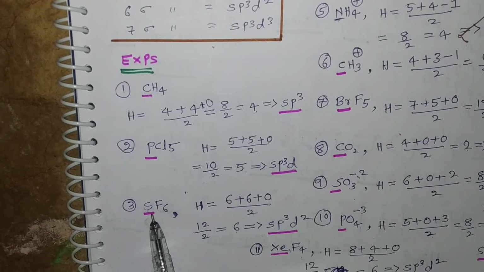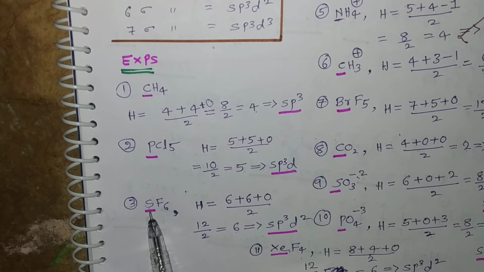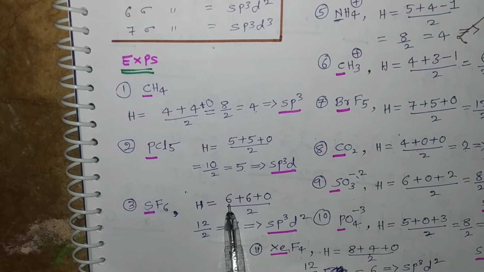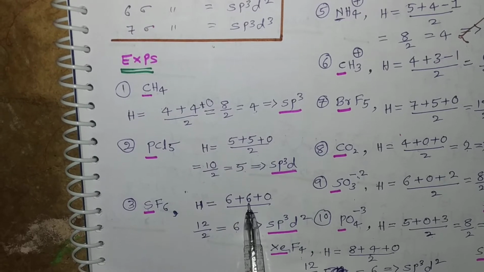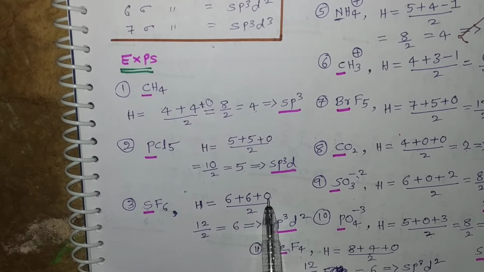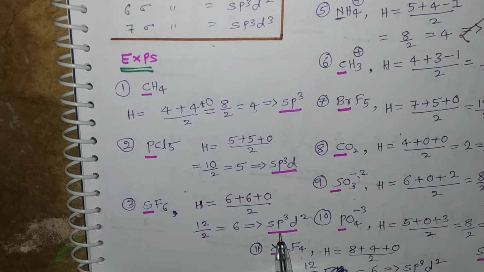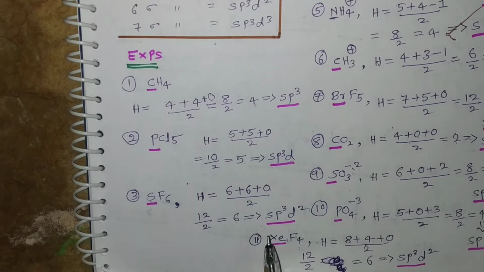Next, SF6. In SF6, sulfur is the central atom. So group number is 6, and monovalent 6. No charge on the molecule, 0. So 12 by 2, 6. What is the hybridization? sp3d2 hybridization.